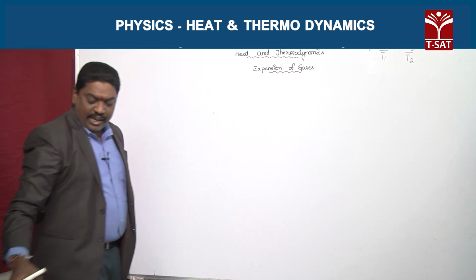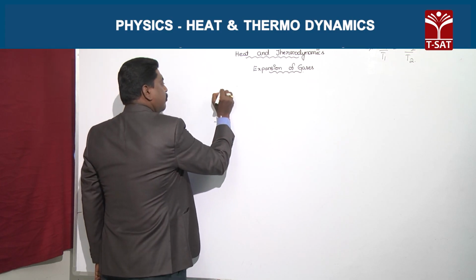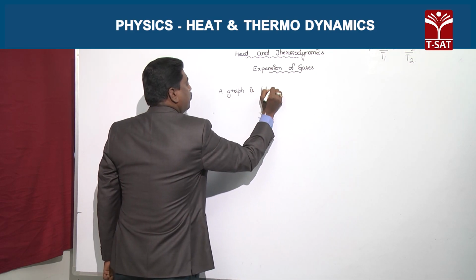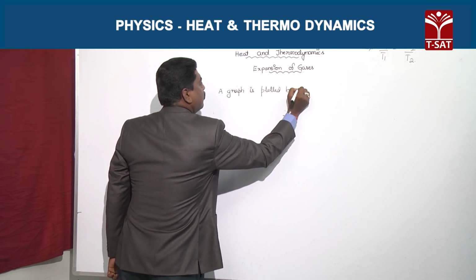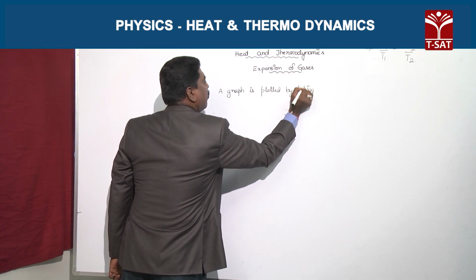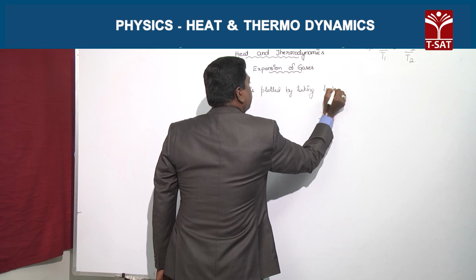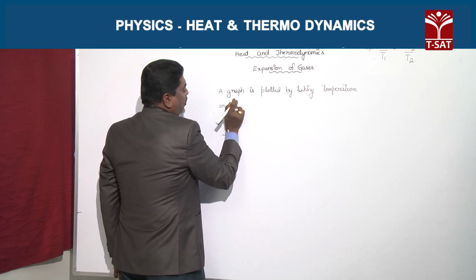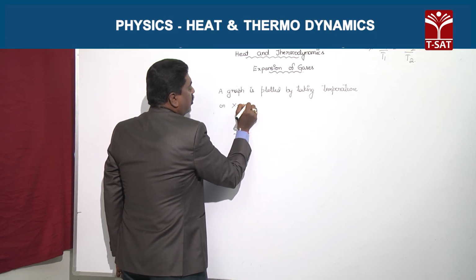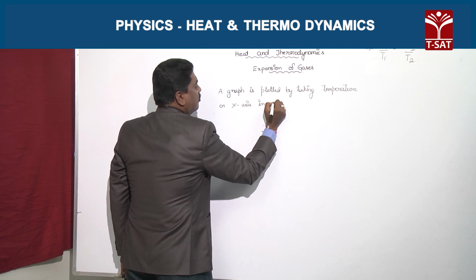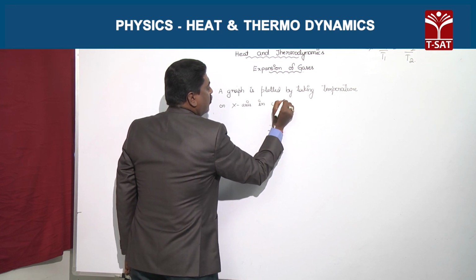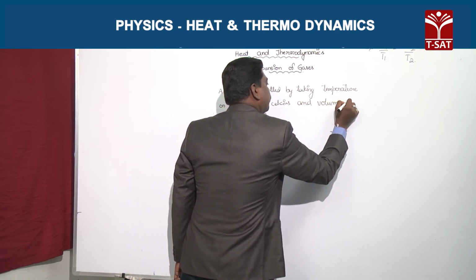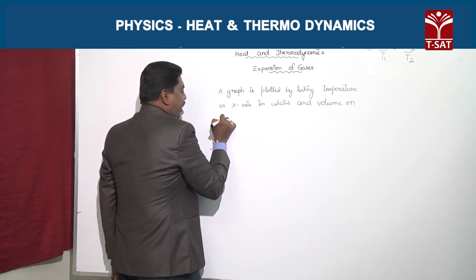A graph is plotted by taking temperature on x-axis in Celsius and volume on y-axis.